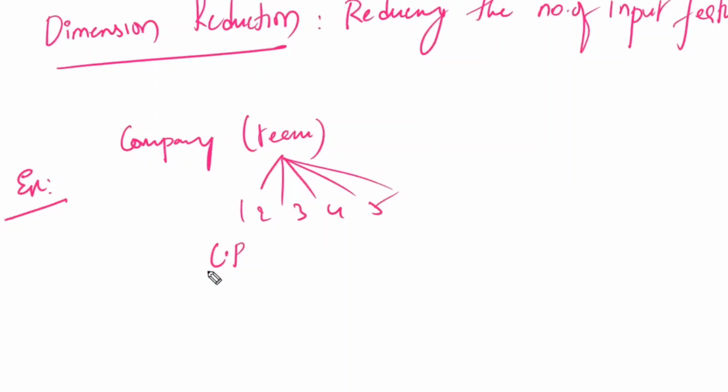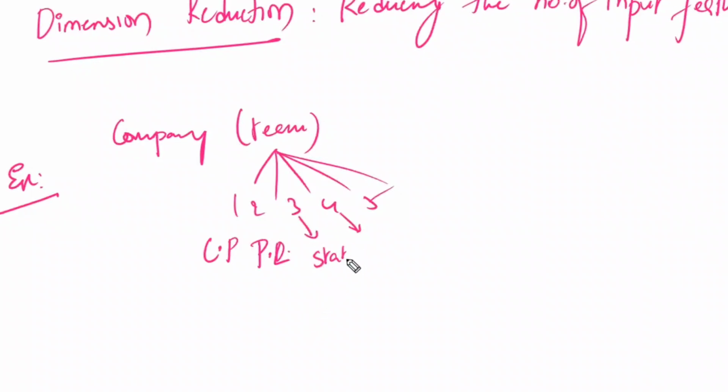The second person is very good at Python libraries. The third person is very good at statistics. The fourth person is very good at EDA or analytics, a data analyst. And the fifth person is very good at machine learning.